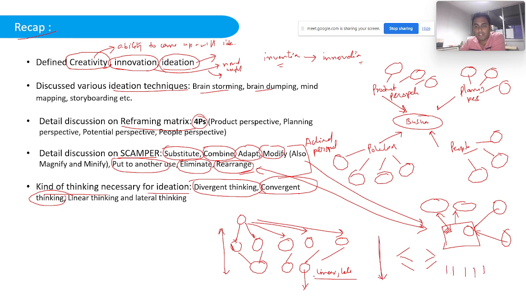So while doing divergent thinking, you can do lateral thinking. Again, while doing convergent thinking, you can go for lateral thinking. Similarly, during lateral thinking and also linear thinking, you can go for convergent thinking. So these different kinds of thinking can be used to increase the quantity as well as the quality of your ideas.